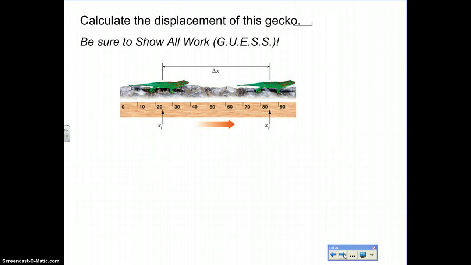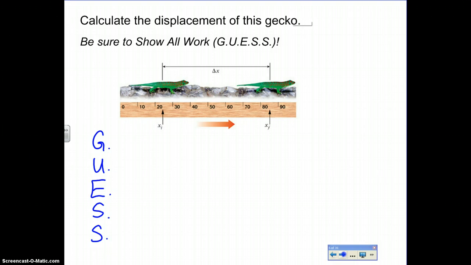Let's go ahead and try to calculate the displacement of this gecko. Here we can see that we're being asked to use the GUESS method. The GUESS method means that we're going to list our givens, identify our unknown, list an equation that we could use to find the answer, solve the problem, and then the final S stands for your solution.